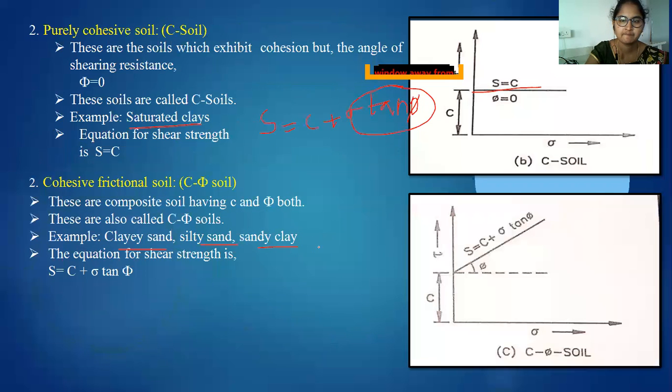For only cohesive soil, the angle of internal friction phi is equal to 0, so S is equal to C. The graph is like this. After completion of the direct shear test, you can draw the graph between the total stress and neutral stress, normal stress and shear stress. The graph will vary depending upon the soil condition.